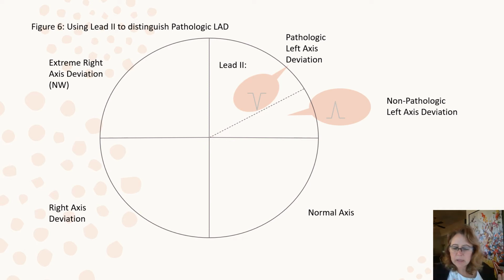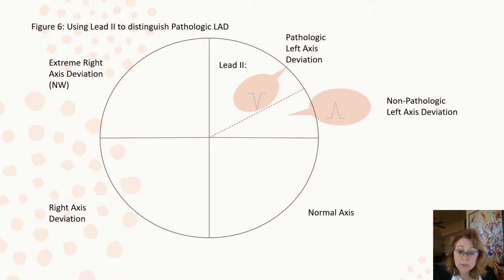They have just a little bit of left lateral shift, and that happens with aging. And so we say that's okay. As we get older, our bodies change, unfortunately. We develop wrinkles, we get gray hair, and our hearts shift a little left. So a small degree, it can shift less than 30 degrees is what we typically say. And we call that a non-pathologic left axis deviation.